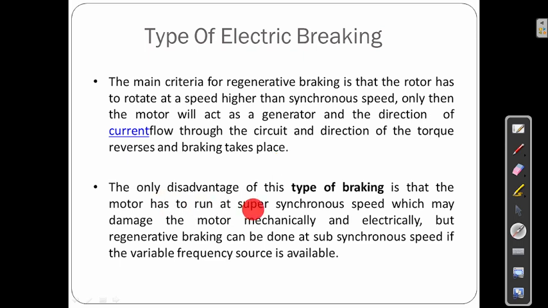The only disadvantage of this type of braking is that the motor has to run at a super synchronous speed, which may damage the motor mechanically and electrically. But regenerative braking can be done at a subsynchronous speed if a variable frequency source is available.